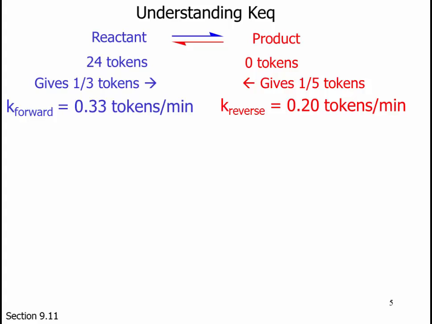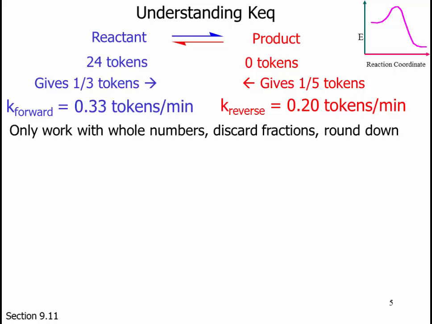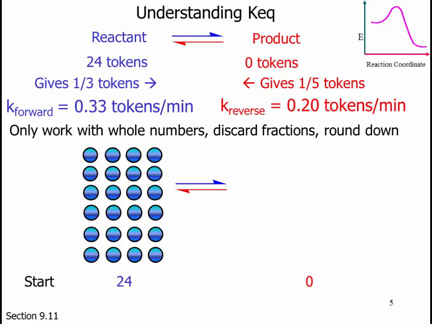Now, since the rate constant forward is greater than the rate constant reverse, I already know that the reaction coordinate diagram looks like the one in the upper right, where we are going downhill from reactants to products. For this exercise, we're going to work with whole numbers, discard fractions, and round down. So here we are, 24 tokens on the reactant side, no tokens on the product side.